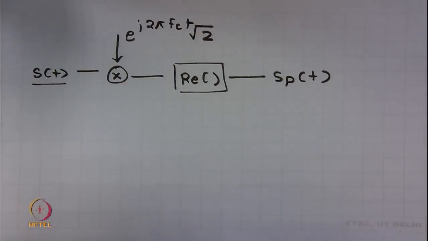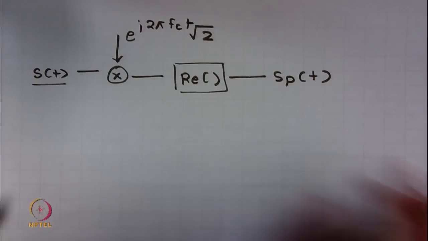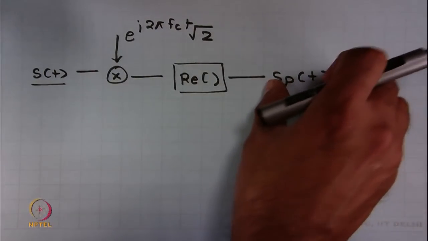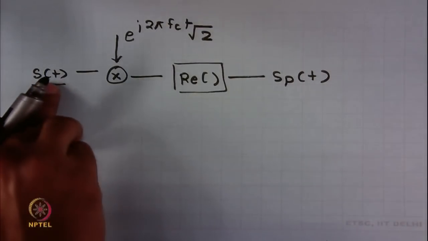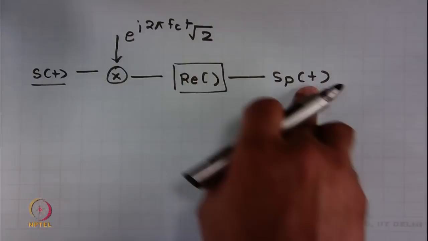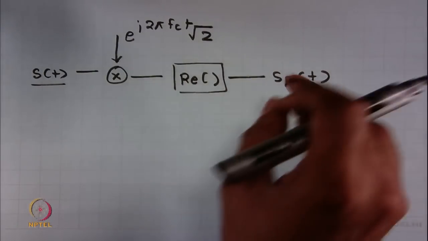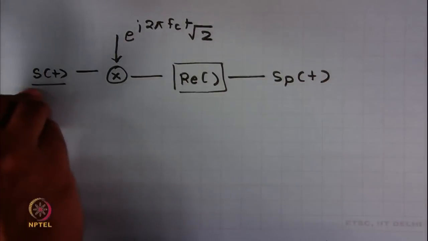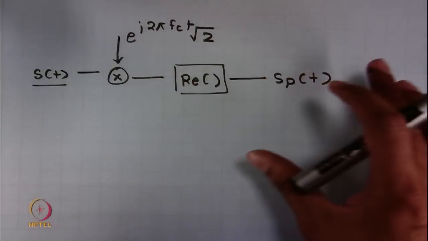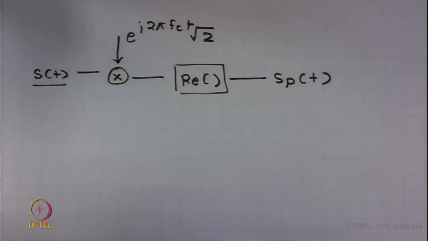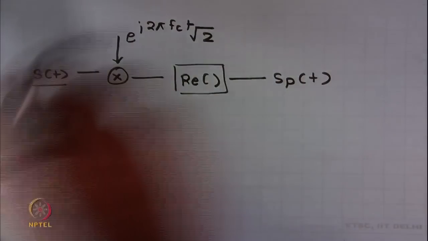So, this picture tells us the relationship between the passband signal and its complex envelope. This is also known as a complex baseband representation of this passband signal. This diagram defines the relationship between the complex baseband signal, which is S(t), and its equivalent passband signal, which is S_p(t), and you can obtain this by doing this operation.